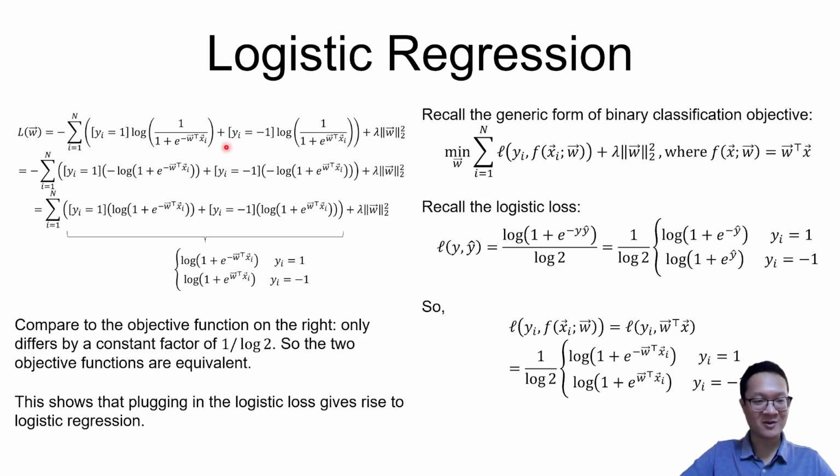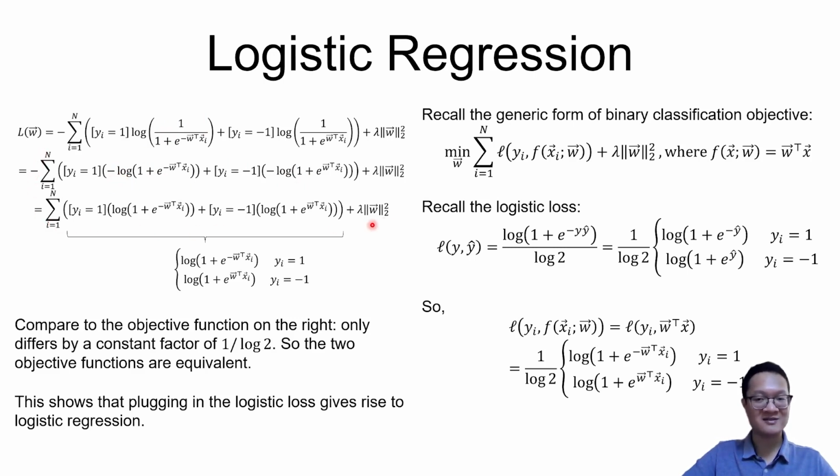Okay, on the next slide, we copy the result from the last line on the previous slide here. And we basically simplify the log by taking the reciprocal of the inside, which pops out a negative sign for both of the logs, and the negative sign cancels with the negative in front.